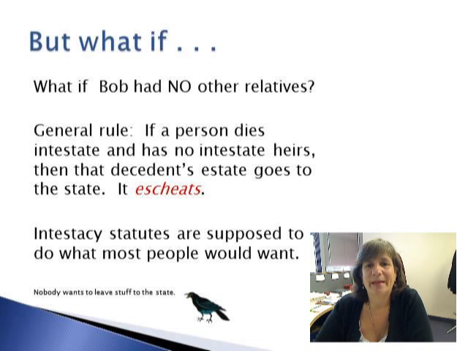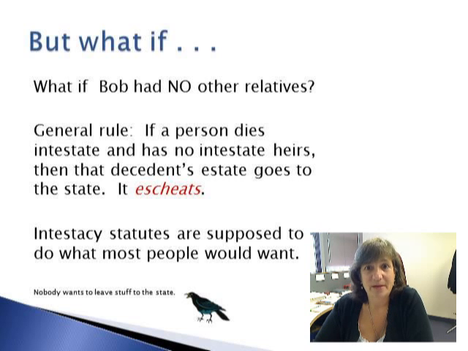What if Bob had no other relatives? None. If that were the case, this rule would really suck, because it would mean not only did Bob's relatives not get anything because he didn't have any, Kathy's relatives don't get it either. So in general, what happens when there's no relatives, no heirs, is the state, the government, gets all of it.